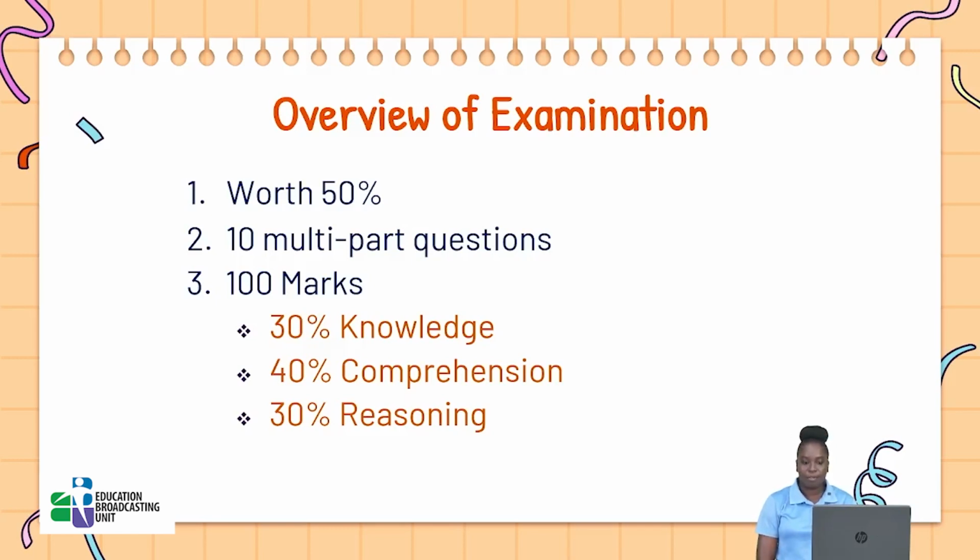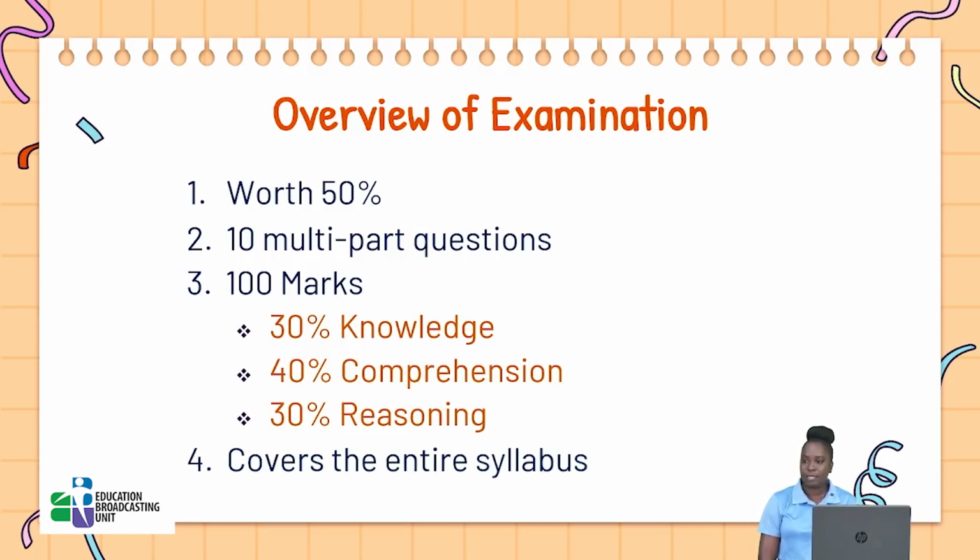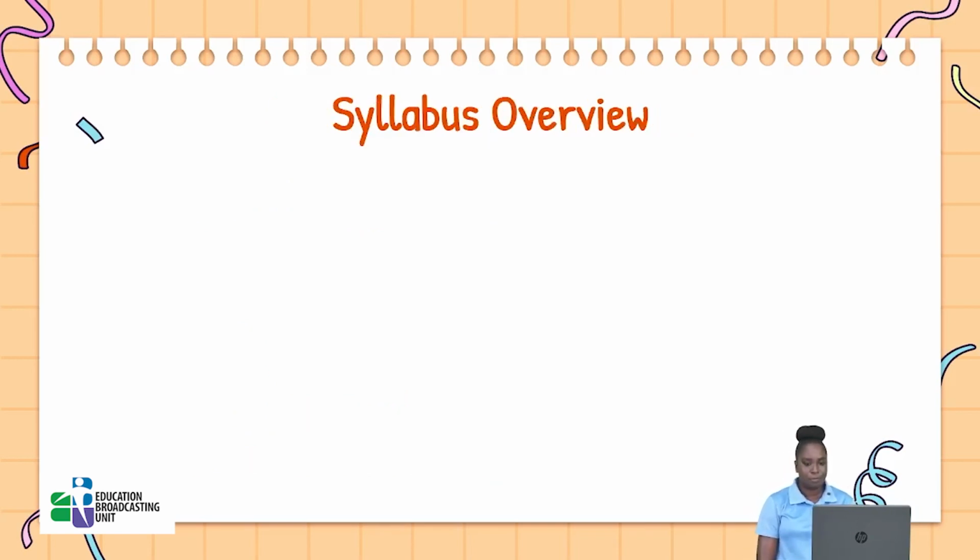This exam covers the entire syllabus. So let's look at specific topics. The content areas to be covered in Paper 2 happens to represent the entire syllabus. It is therefore important to thoroughly prepare and not take any topic for granted.